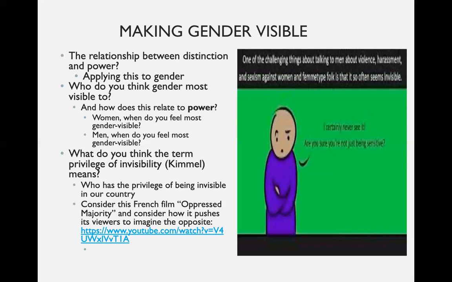People who are in power on the basis of their race, their gender, their social class, they have the privilege of being invisible, in the sense of they are not defined by that characteristic. They aren't defined by that distinction. Obviously, they're not actually invisible. This isn't like a John Cena, you can't see me type of situation going on.